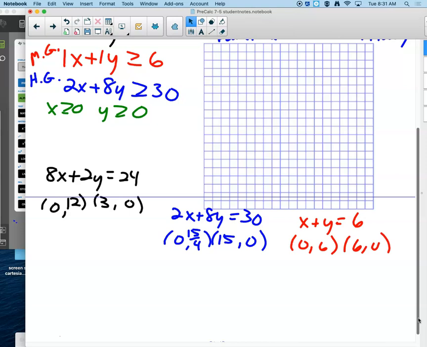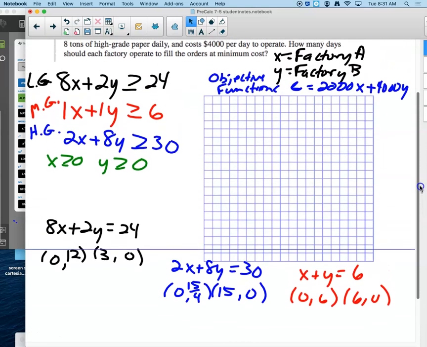Because I was thinking, well, that one will be super easy too at 0, 6, and 6, 0. Well, we have 0, 12. Then we have a 15, 0. Well, we can just make our little blocks go by 1, so we'll be able to go out to 20 in both directions, and that should take care of it.